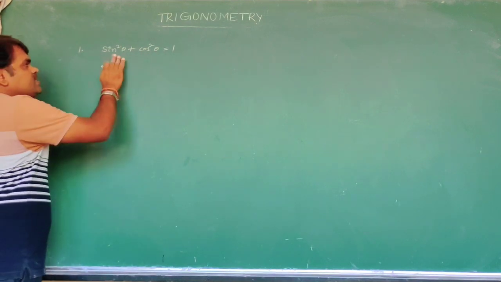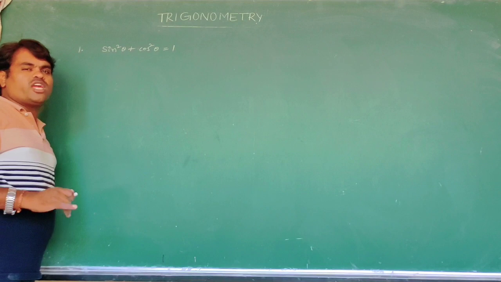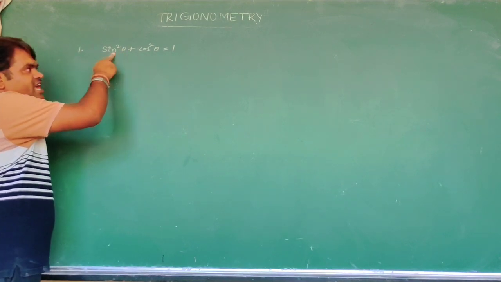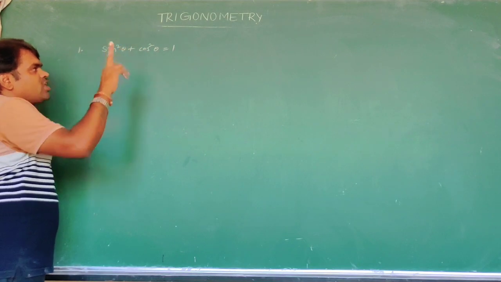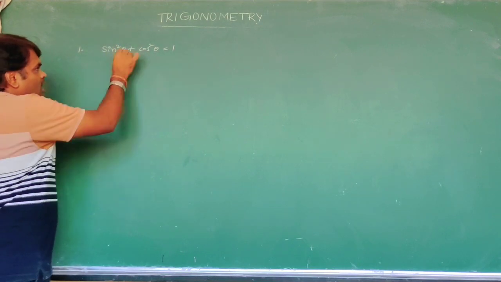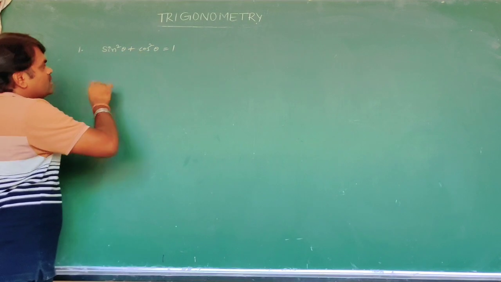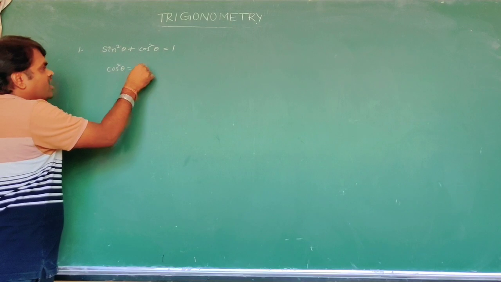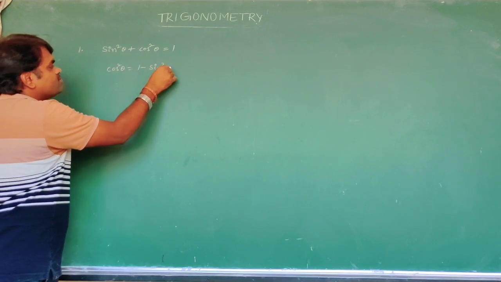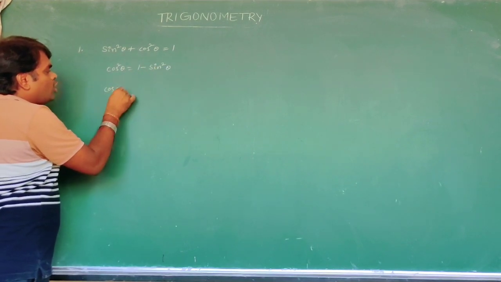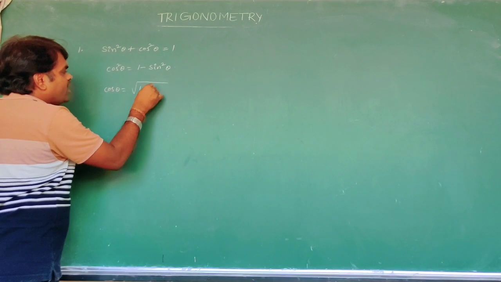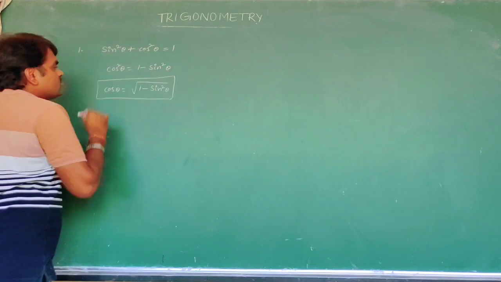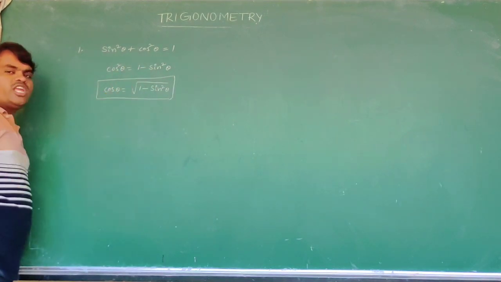Theta must be the same. Now we write cos square theta is equal to 1 minus sine square theta. Cos theta is equal to root of 1 minus sine square theta, which is very important.